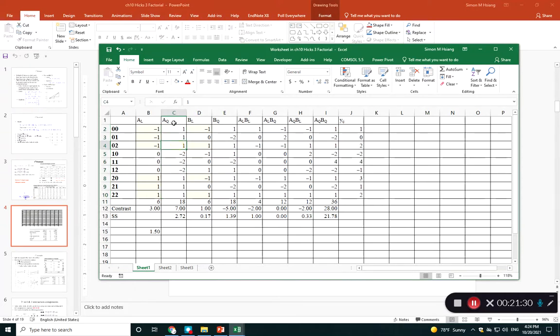So here, pay attention, now I have the quadratics. Pop in the middle, pop in the middle, pop in the middle. And of course, once you have the linear and quadratics done, everybody sees how I build a linear and quadratic contrast?